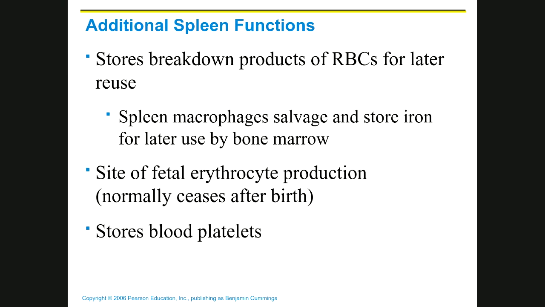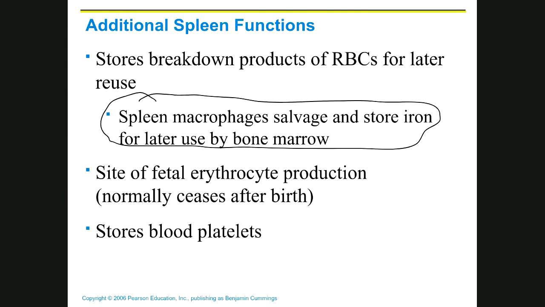It actually has two jobs. One of those jobs we already talked about. And remember, that job is to get rid of old red blood cells. And so remember, with red blood cells, after about 120 days, they get very, very fragile. Well, the spleen has these very small capillaries, and so that's where they tend to rupture.